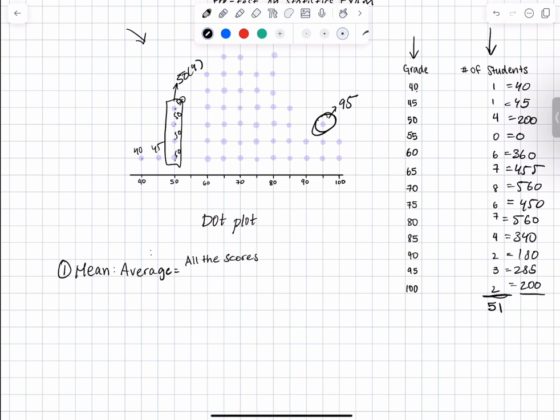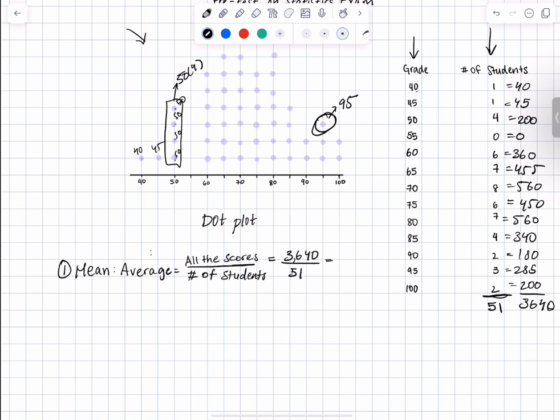Adding all of these together, we should get 3,640. Let's rewrite that neater. So all the scores add up to 3,640, divided by the number of students. And we already know that's 51.